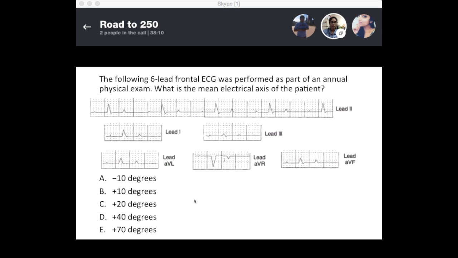Okay. Next question. So here we have a 6-lead frontal ECG performed as a part of an annual physical exam, and we're looking at what is the mean electrical axis of the patient.